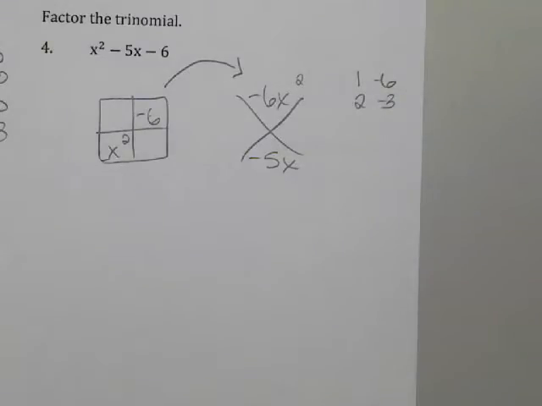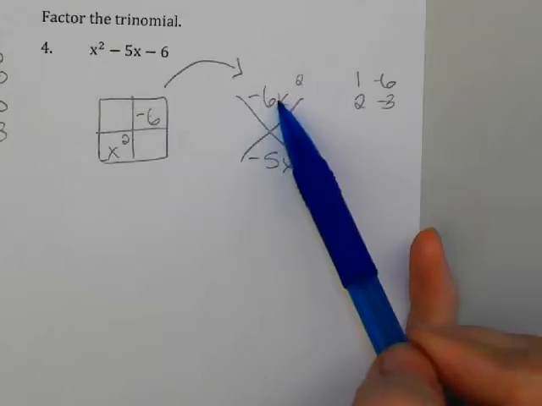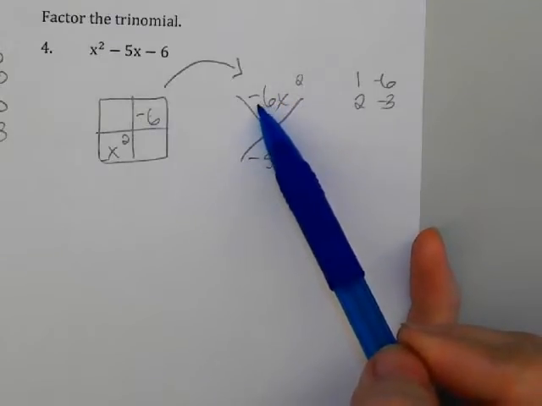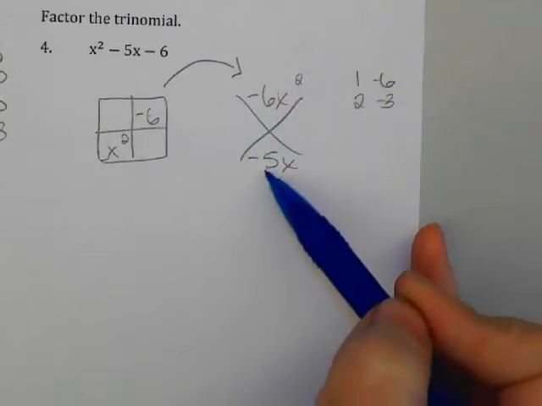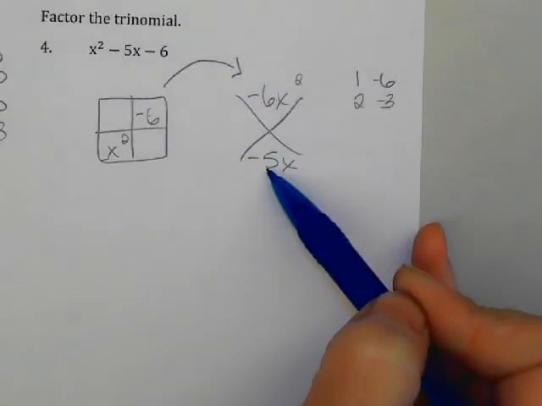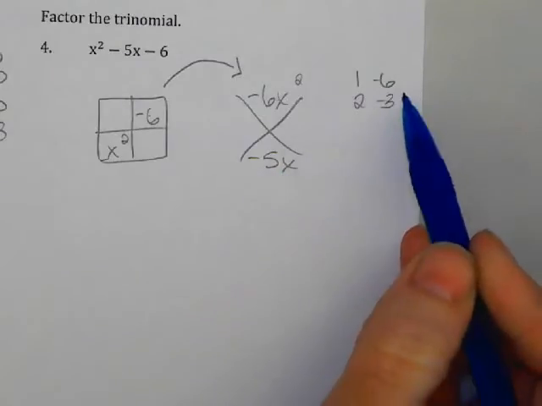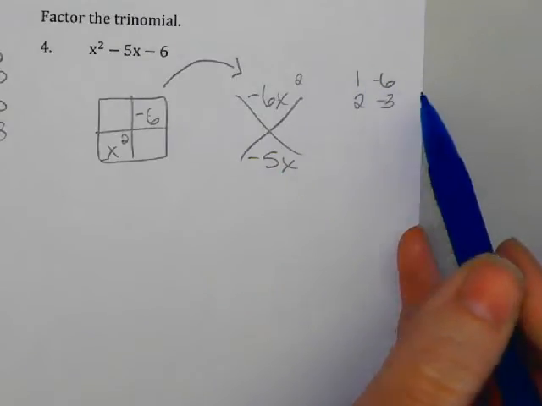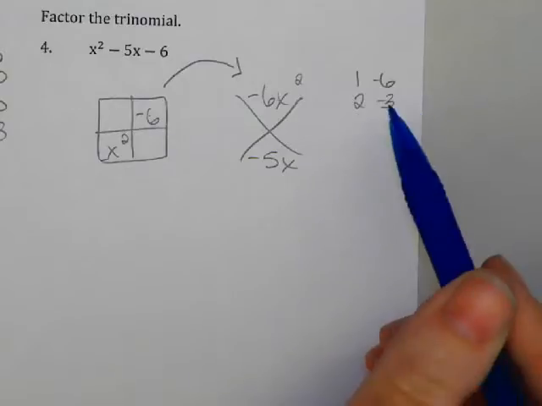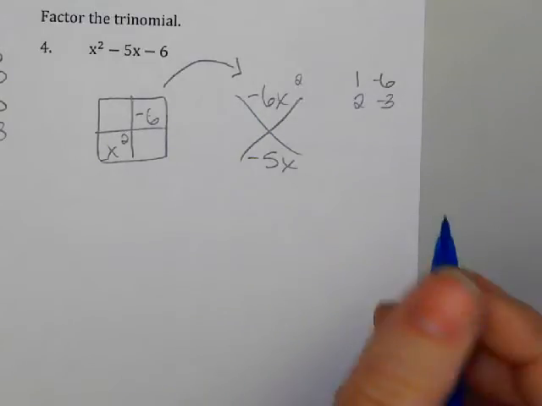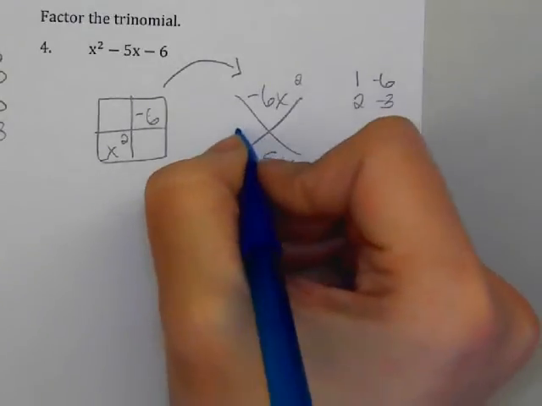Negative 6x and x squared are both divisible by x. And then I build it around there. x times what gives me x squared? x. x times what gives me negative 6x? Negative 6. x times what gives me 1x? 1. And 1 times negative 6, does that give me negative 6? Yes. So my factored form is x plus 1 times x minus 6.